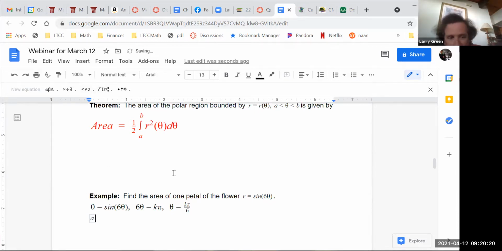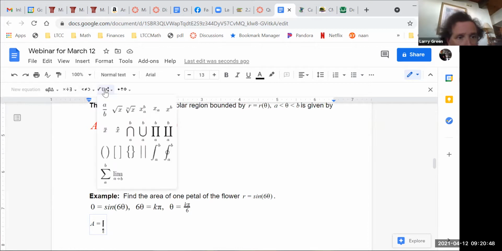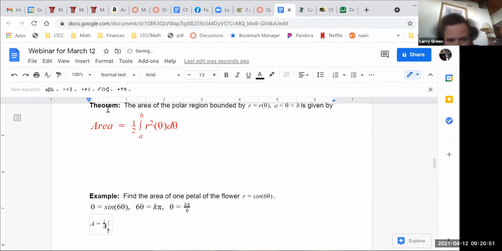then we can say our area is equal to the integral. If k is 1, you get pi over 6. This is going to look really small. I'll make it bigger, I promise. Pi over 6. I forgot the 1/2 outside. And then if k is 2, you get pi over 3.